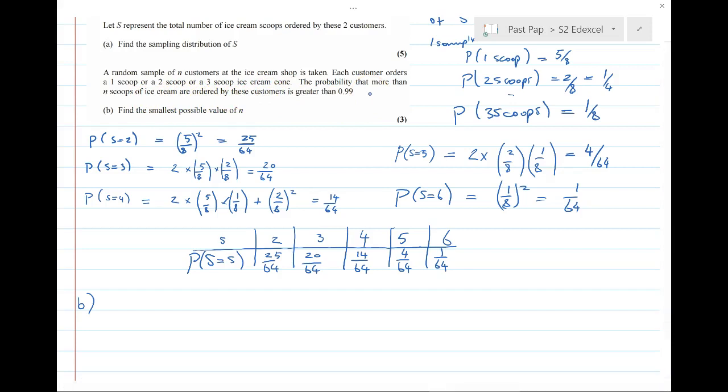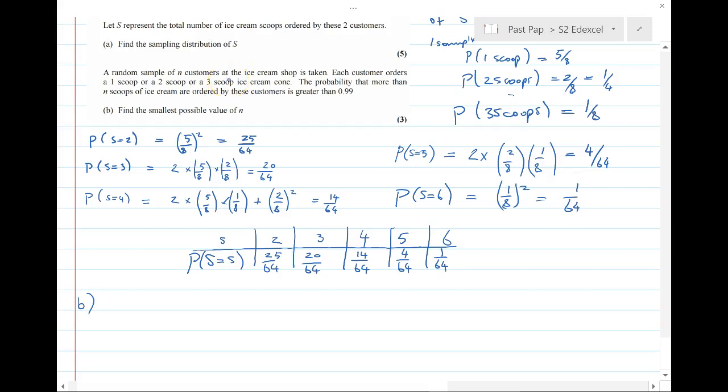Now, I do admit, when I looked at this a few minutes ago, it took me a while to get my head around it myself. What it boils down to is that there must be at least n scoops ordered, because they all order a 1, 2 or 3.